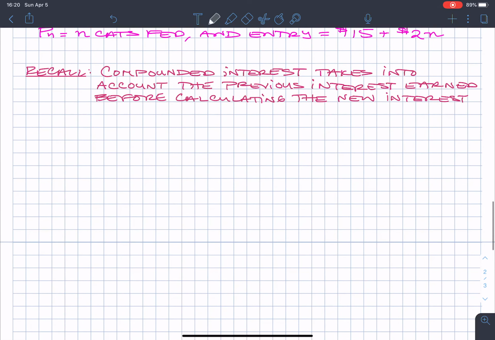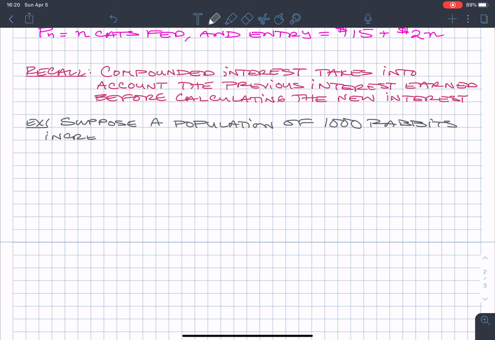So for example, suppose a population of 1,000 rabbits increases by 10% each year.